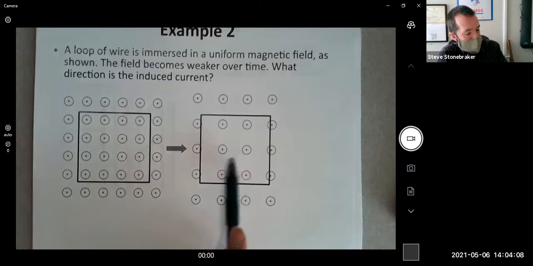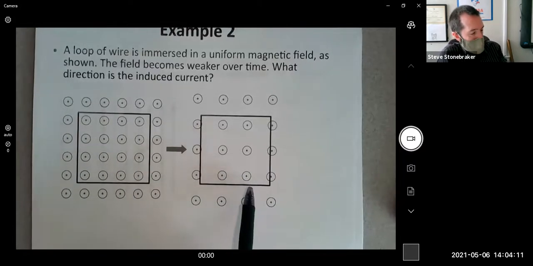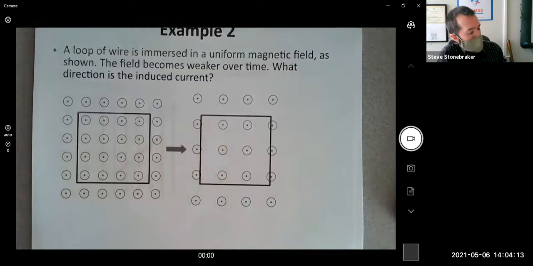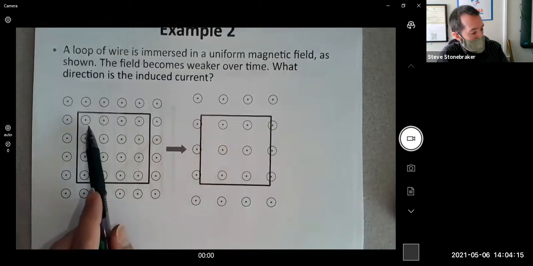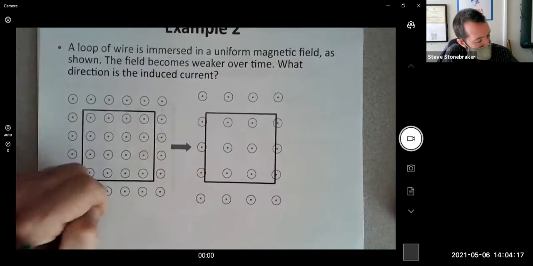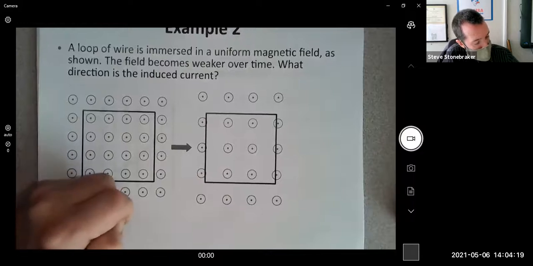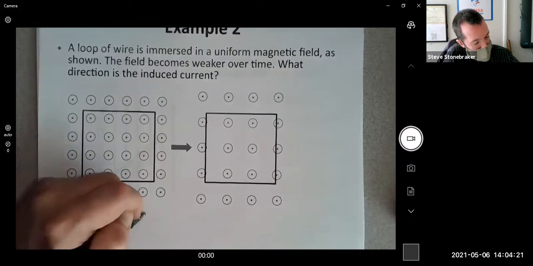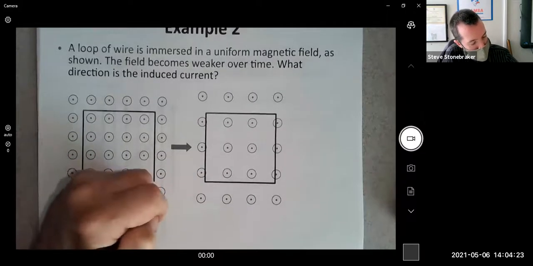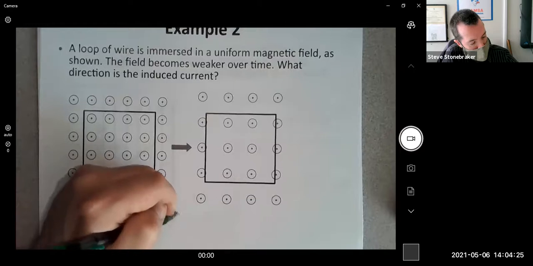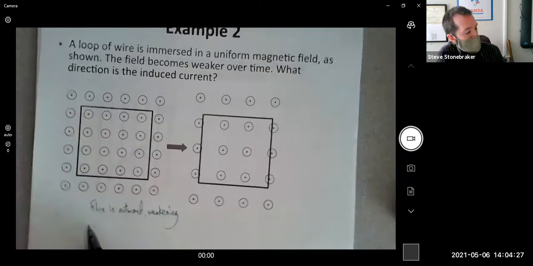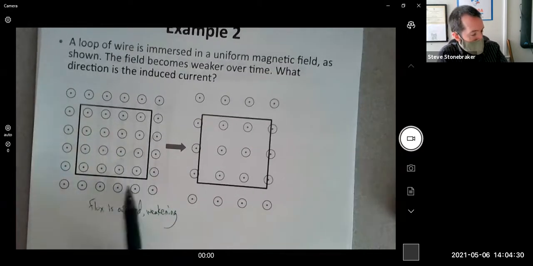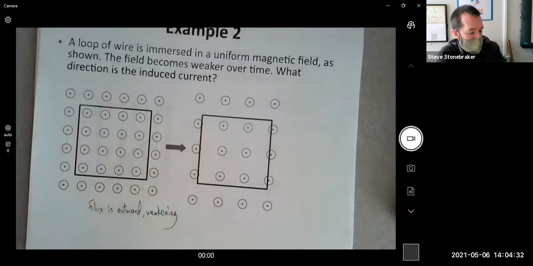So this is the initial state, this is the later state. So as far as the flux goes, the flux is outward and it is weakening, because initially I have like 16 and then now I have only 6. It's getting weaker.